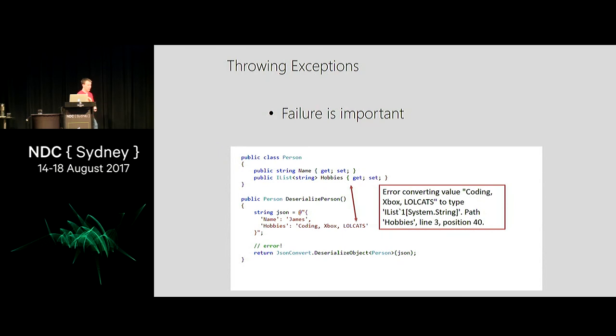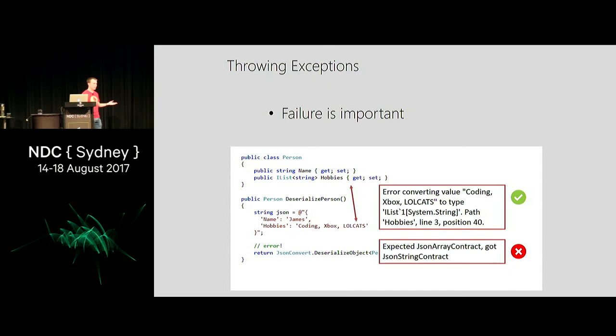Error converting value, then I give them the actual value, the type, and then a path to that value, so it's the hobbies property. And because some JSON documents can be enormous, thousands of lines, I gave them the line number and the position. If you compare those two exception messages, one, a user's not going to have a clue what to do with, and the other tells them what they did wrong, and they're able to fix it themselves.